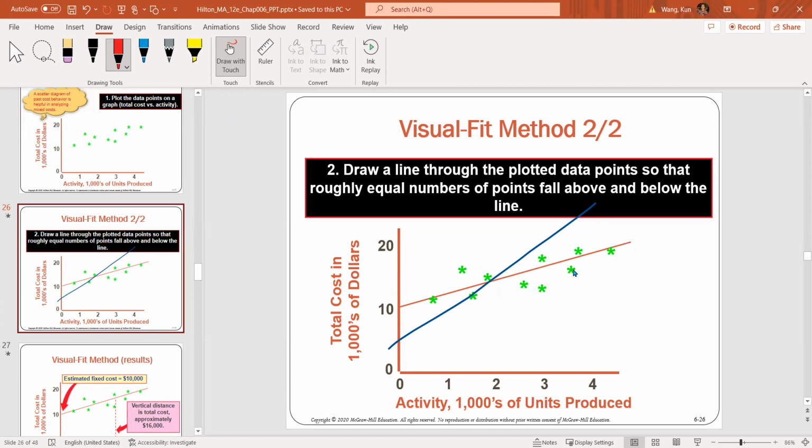So minimize the standard deviation; in other words, balance the positive and negative differences. The blue one is something I drew, but the red one, apparently you can tell, fits the data points better than the blue one. Or if you have another one like this, that's even skewed, right?